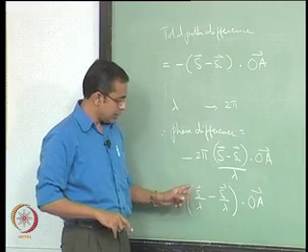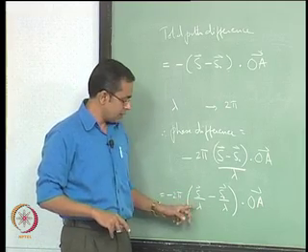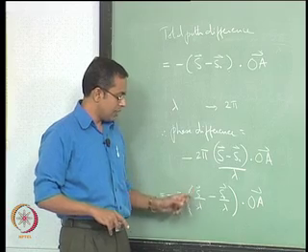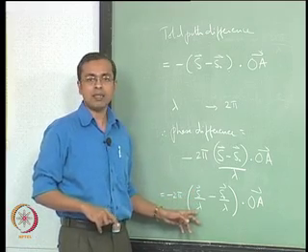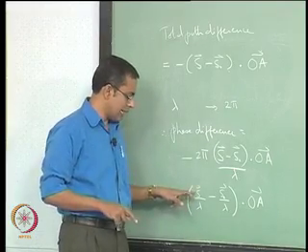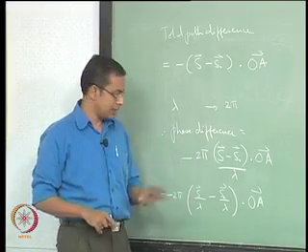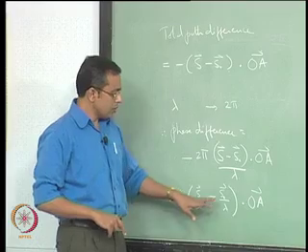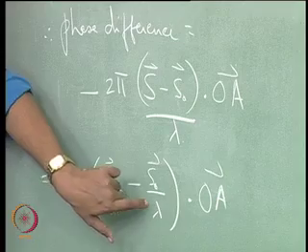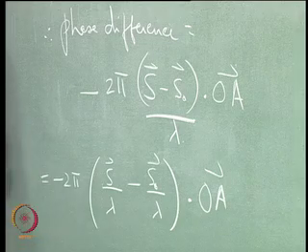Same thing is true here, this is also a direction and this is 1 by lambda. In terms of its dimensions, it is correct for reciprocal space representation because it has both a direction as well as a 1 by length designation. So this is a vector in reciprocal space, and this is a vector in reciprocal space, fine.